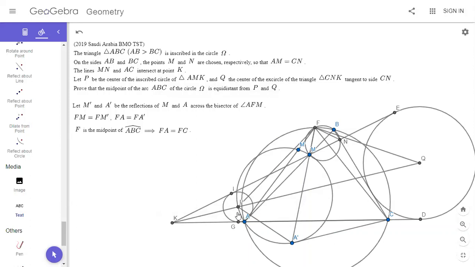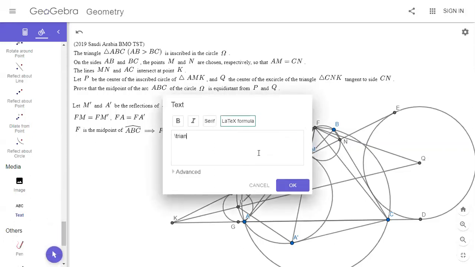I'll just say triangle FAM is congruent to triangle FNC, and to see that you can view the video on Archimedes' theorem. So it's not that hard of a proof. I have a video on that.